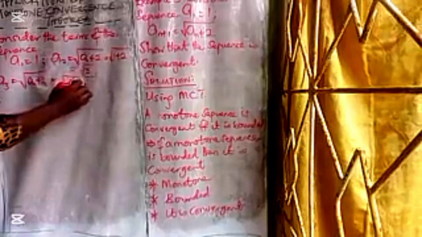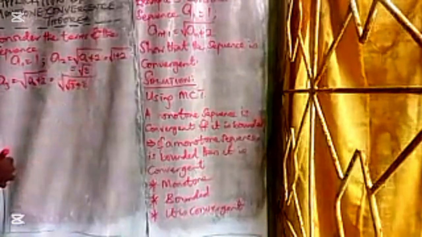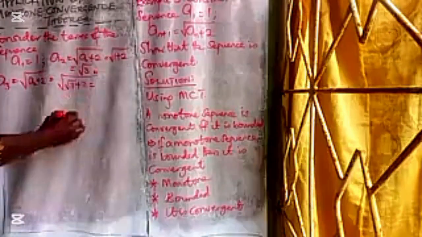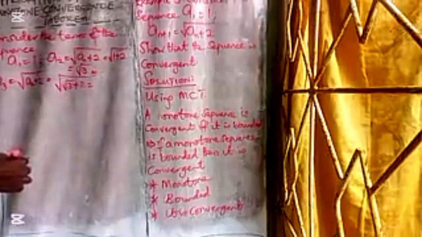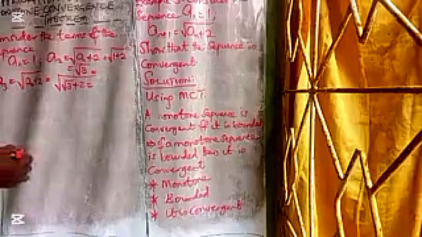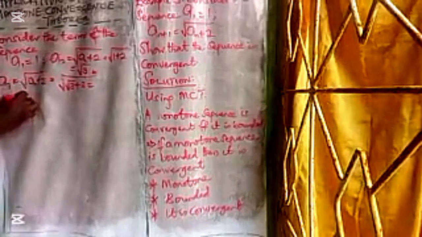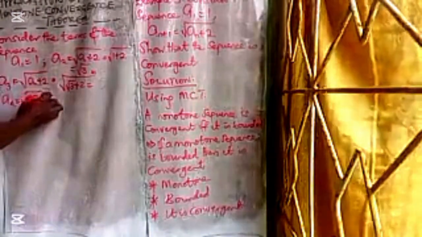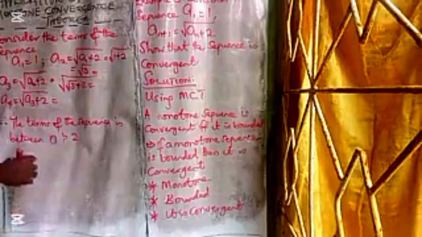The square root of the square root of 3 plus 2. a4 will be the square root of a3 plus 2, and I'm sure we can get what that is. Therefore, we can see that the terms of the sequence are between 0 and 2.